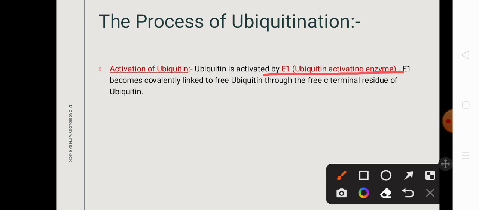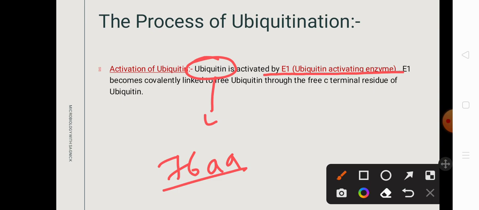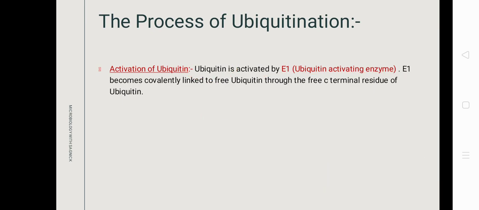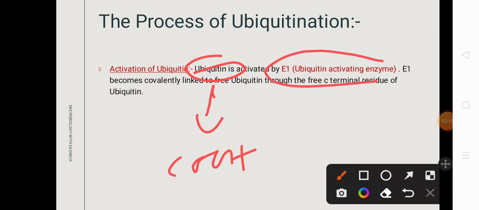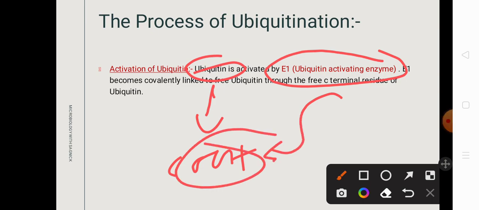As I have told you, ubiquitin is a eukaryotic protein of 76 amino acid residues, so obviously there should be a free C terminal, right? C terminal means a free COOH group in ubiquitin, right? So this E1 will interact with that free C-terminal residue of ubiquitin, and this interaction is a covalent interaction.